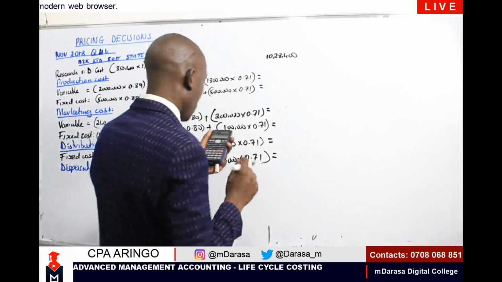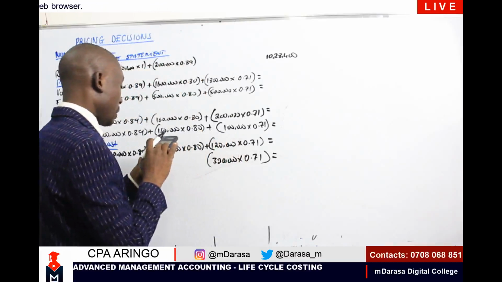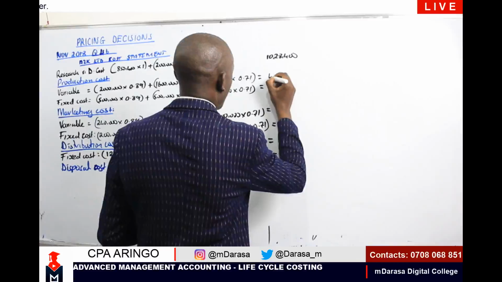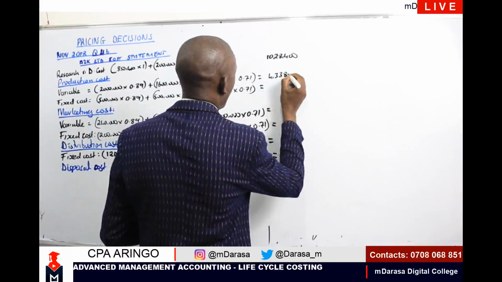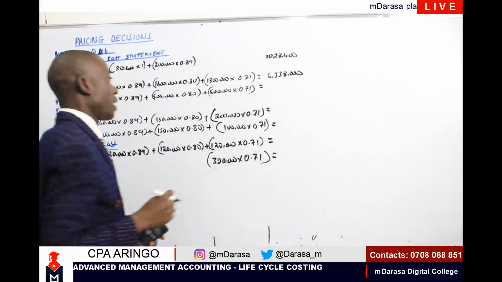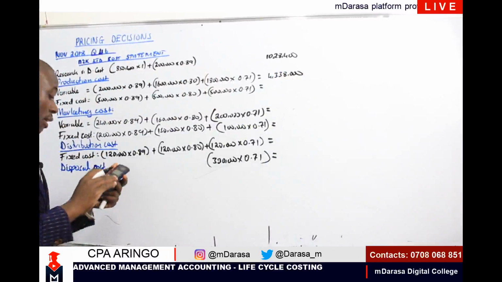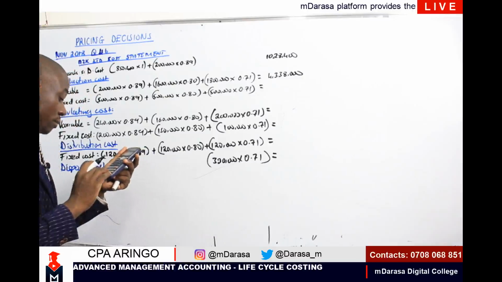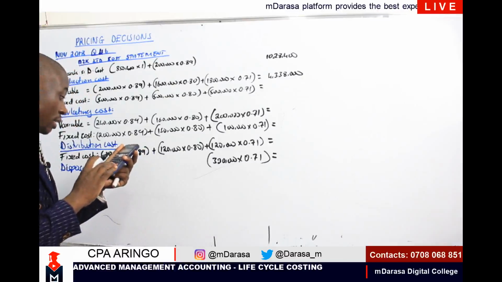So in this case I'm having 4,338,000. That's the figure that I'm getting, unless you're getting a different figure, maybe yours is correct.